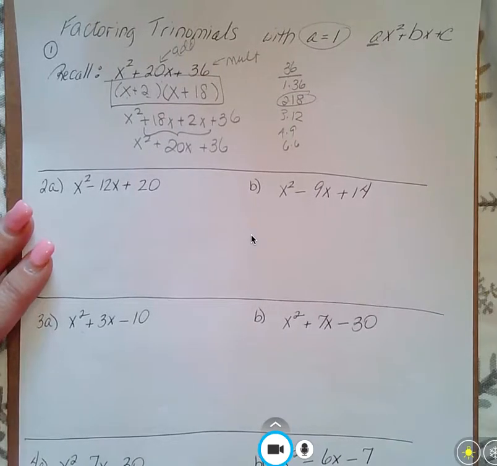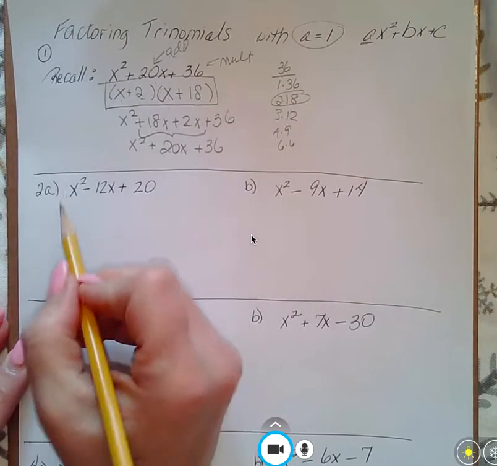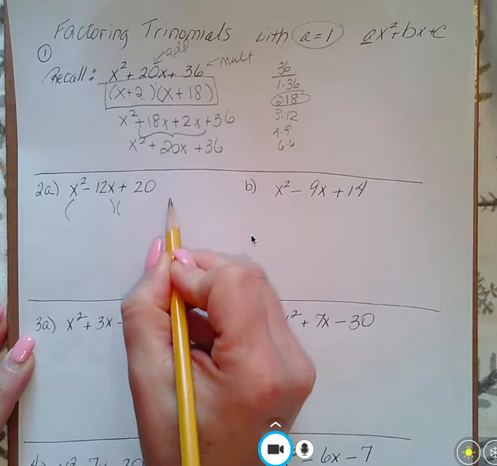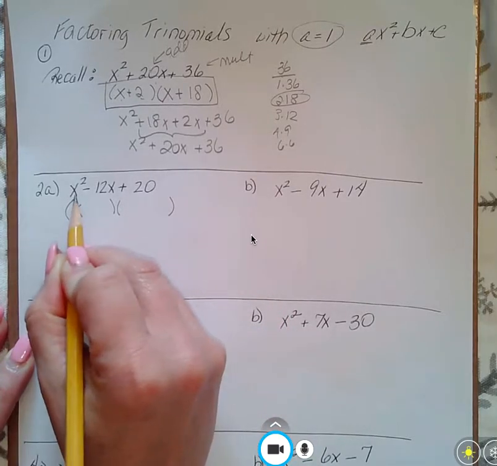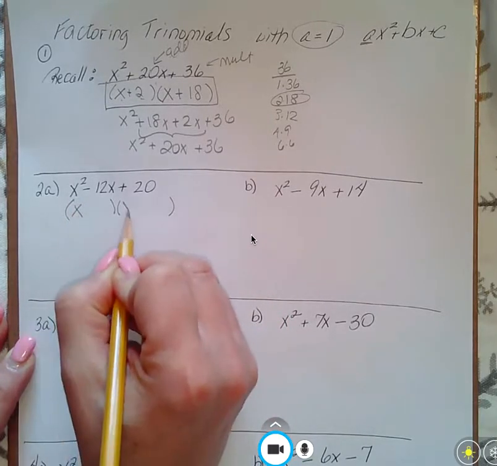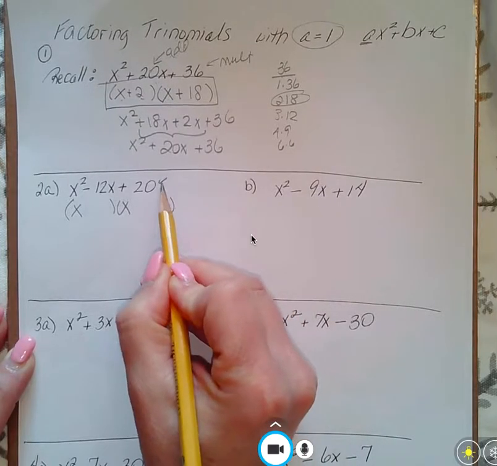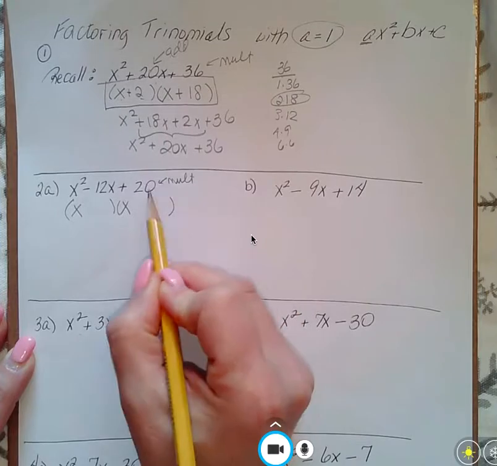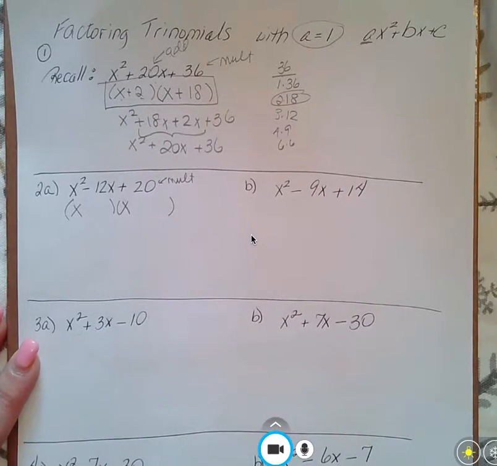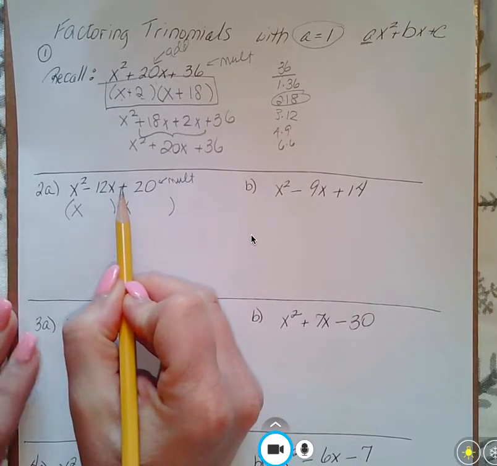Okay, I'm going to start the same way as I did before. I'm going to set myself up, take whatever that variable is, and split it: x, x. Next, I still want to multiply to get 20. But here's the thing. We're thinking of two numbers that multiply to give us a positive 20.